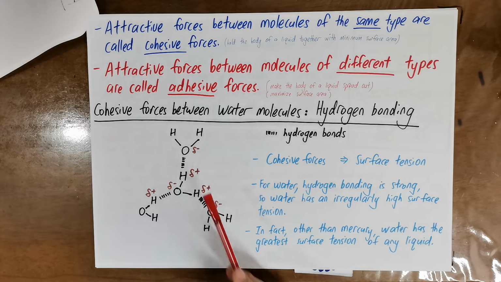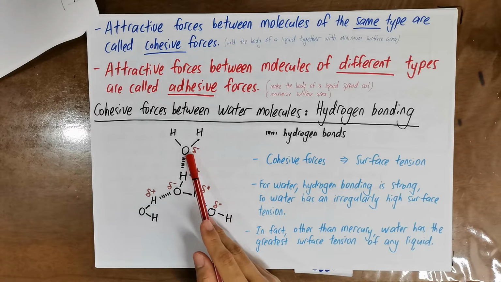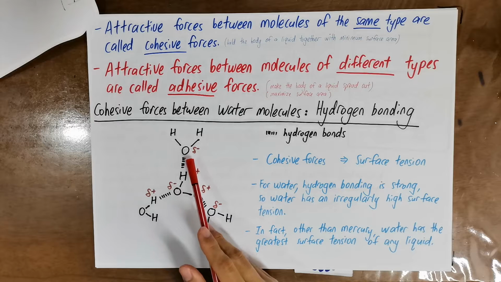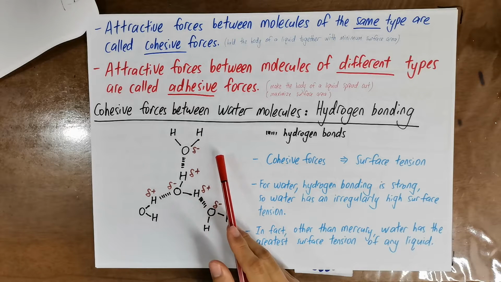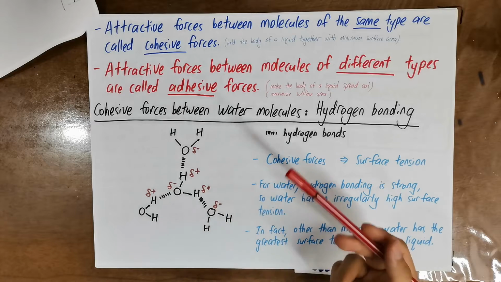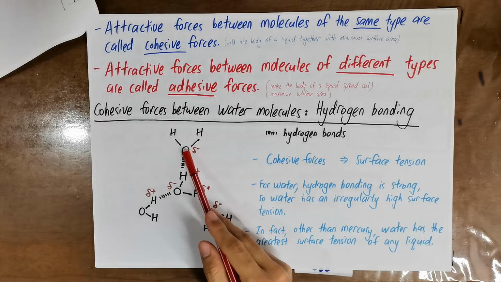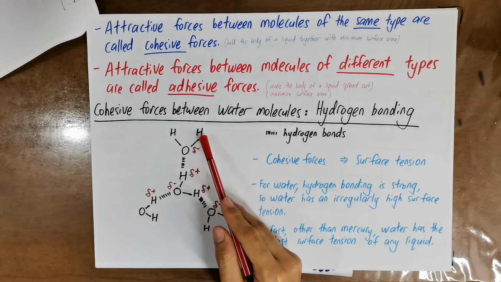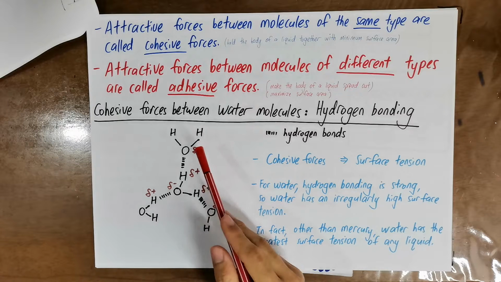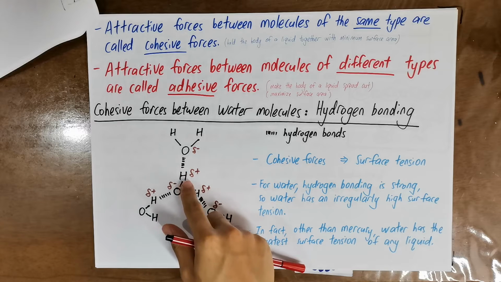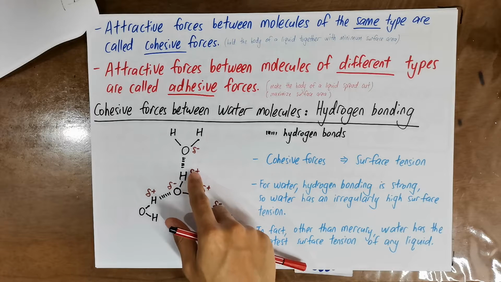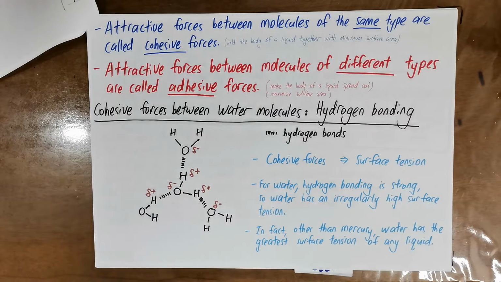The oxygen atom is more electronegative than the hydrogen atom, so electrons tend to spend more time around the oxygen atom compared to the hydrogen atom.